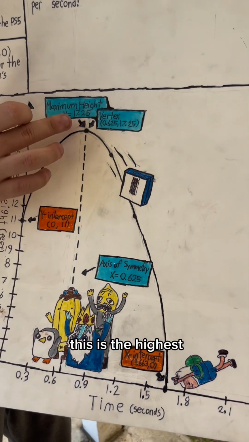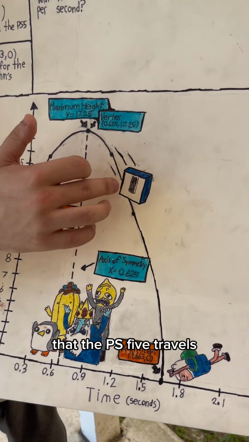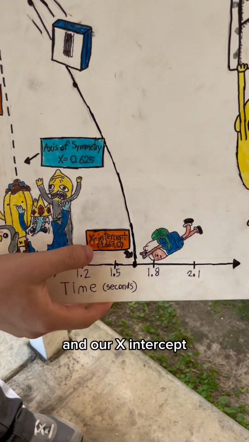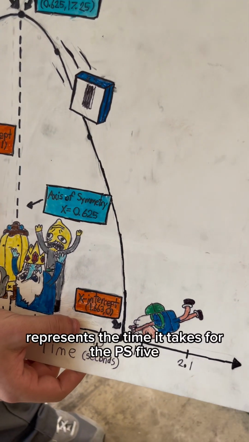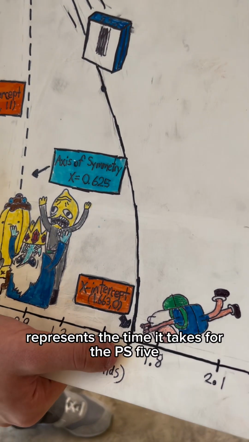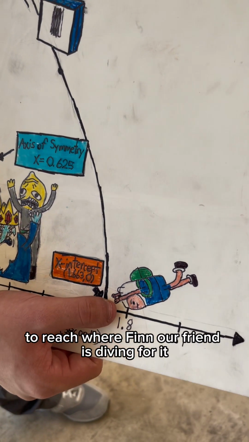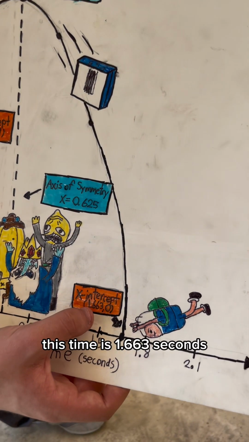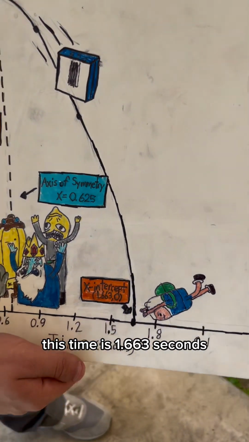This is the highest that the PS5 travels before falling back down to the ground. And our x-intercept represents the time it takes for the PS5 to reach where Finn, our friend, is diving for it. This time is 1.663 seconds.